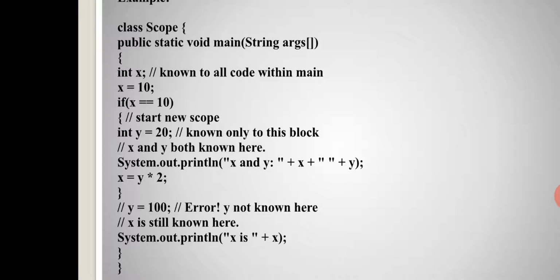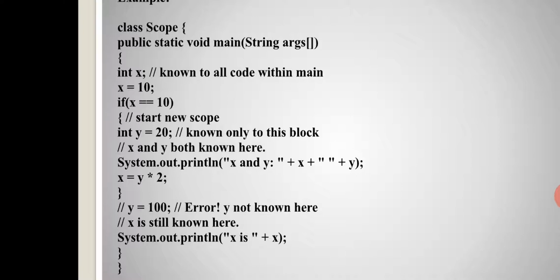Then x is still known here. Why? Because we have declared x within the main method, and the main method is still valid here, isn't it? So you are going to print the value of x using system.out.println.